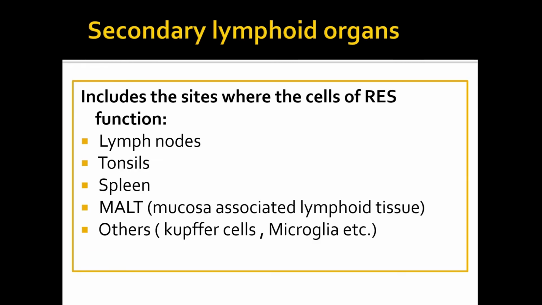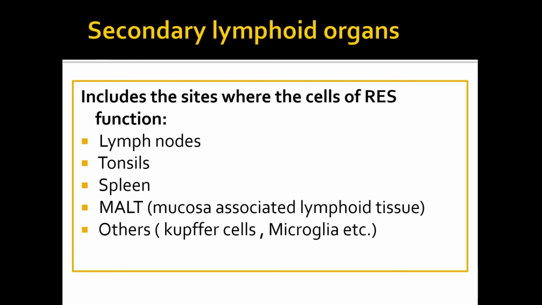These secondary lymphoid organs are basically the sites where the cells of the reticuloendothelial system function. As I told you, the macrophages are stored in tissues, and there are some sites on each and every tissue where the macrophages will be stored or attached.